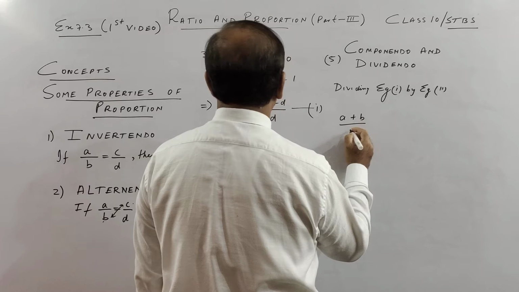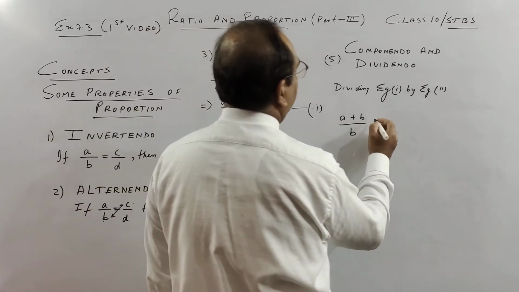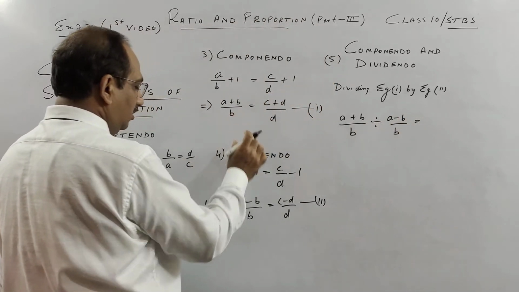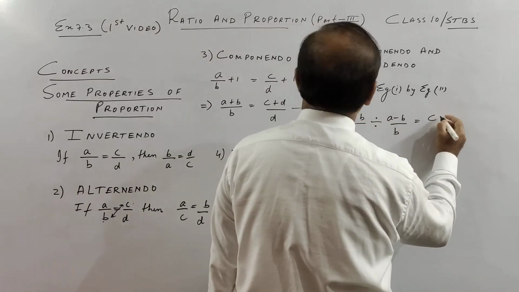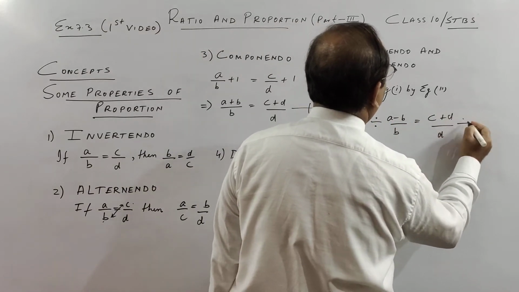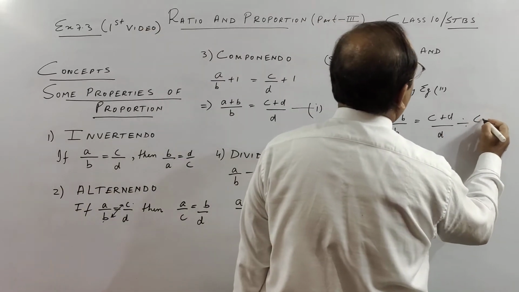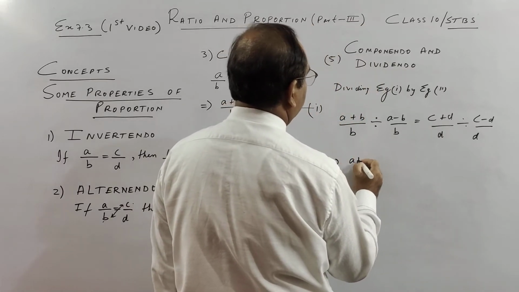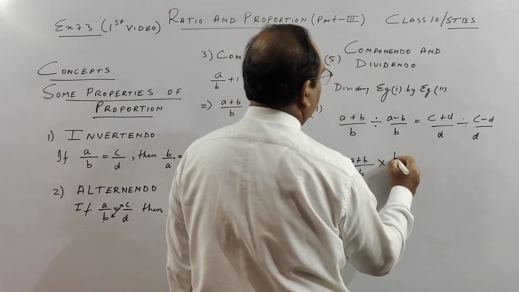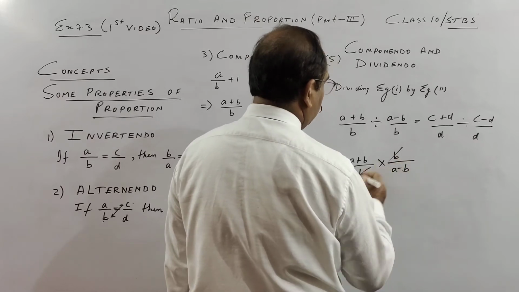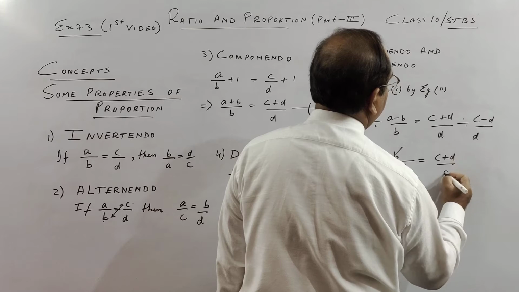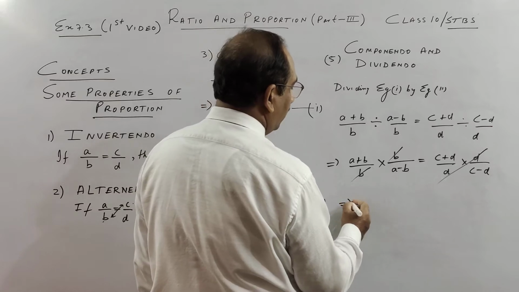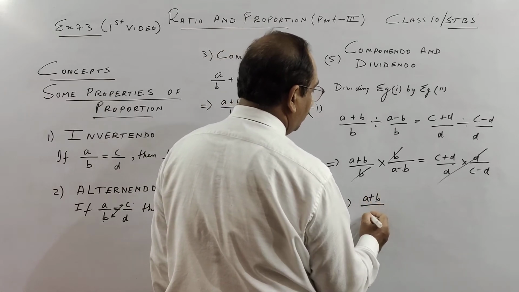A plus B by B, divided by A minus B by B. You will see this division becomes multiplication. This B and B will cancel, and this D goes up and cancels. So finally we have one very, very important result.